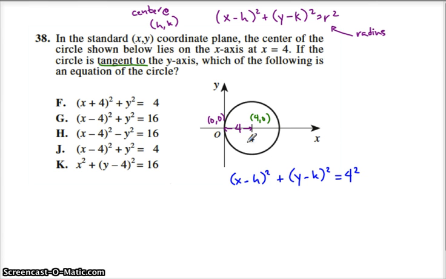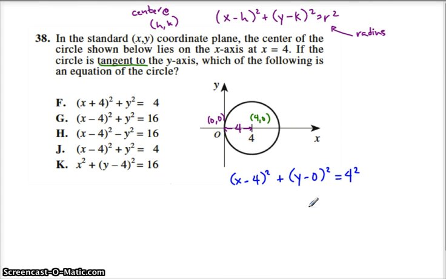We know that because the center is 4, 0, and we're looking for h, k, h is then 4, and k is 0. So where I have my h, I can change that out to a 4. And where I have my k, I can change that one out to a 0.